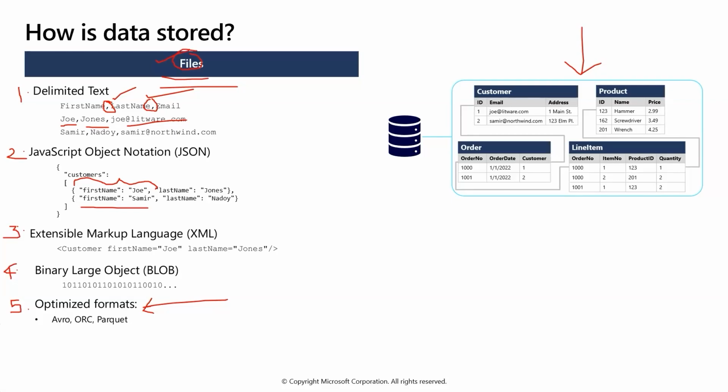So what is happening in this case? If you're going to stick to the traditional way of saving your data, over a period of time, there would be performance issues, right? In that case, you will have to move to more optimized formats where the same volume of data is saved. However, it is saved in such a format that it is occupying lesser space, like Avro, ORC, Parquet, etc. These are certain formats that allow you to go ahead and save the same volume of data in a more compressed format.